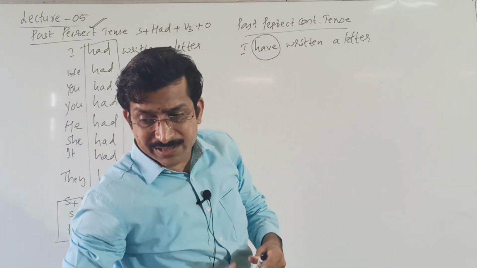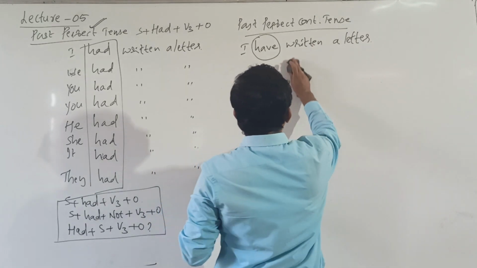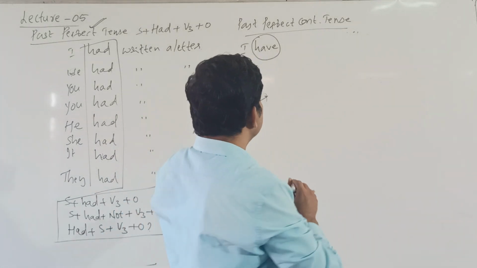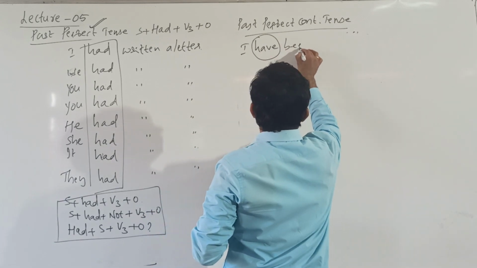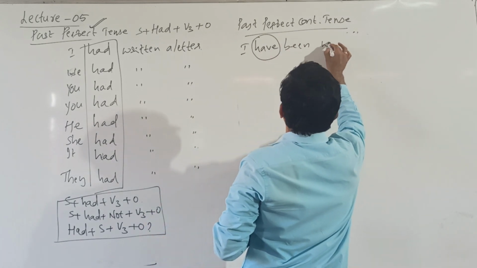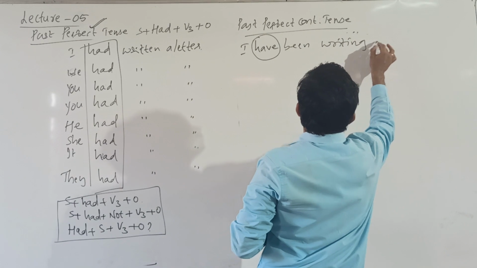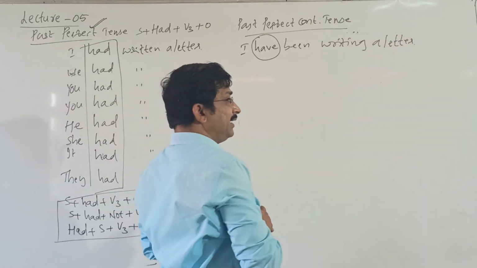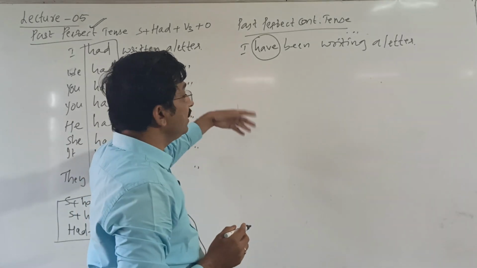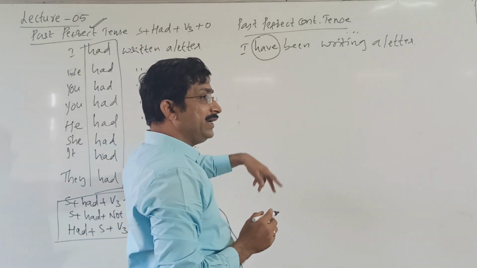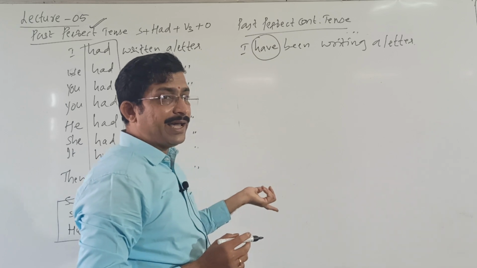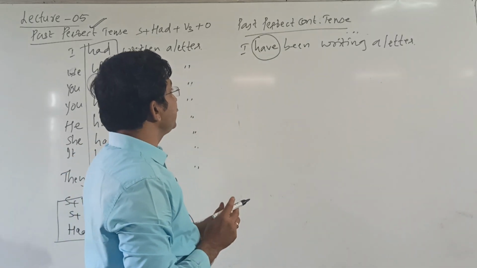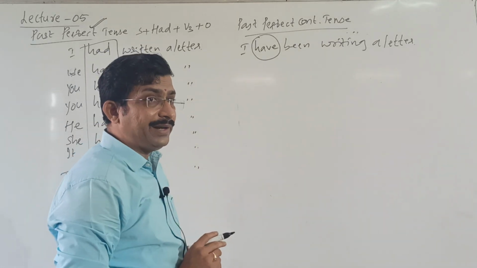Present perfect continuous tense, in the sense, I have been writing a letter. We have been, you have been, he, she, it has been, and last, they have been writing a letter.